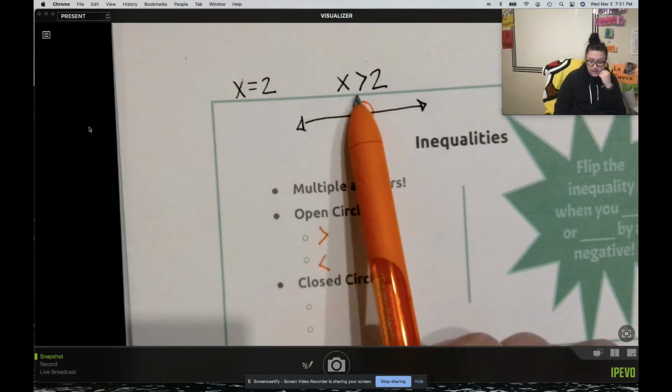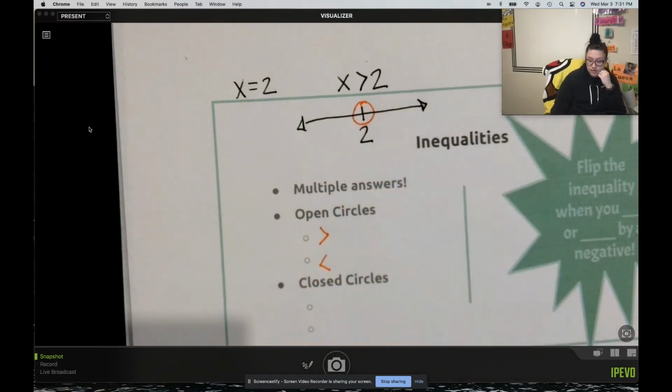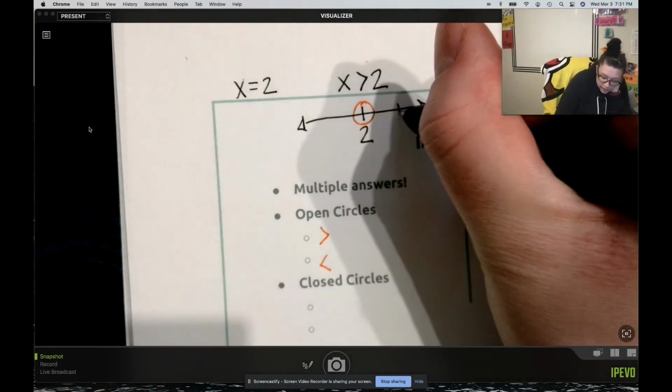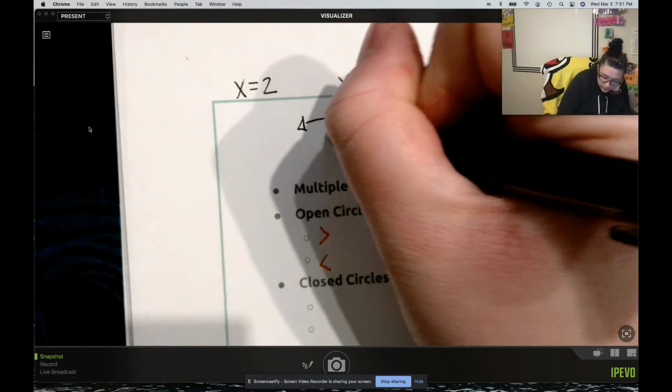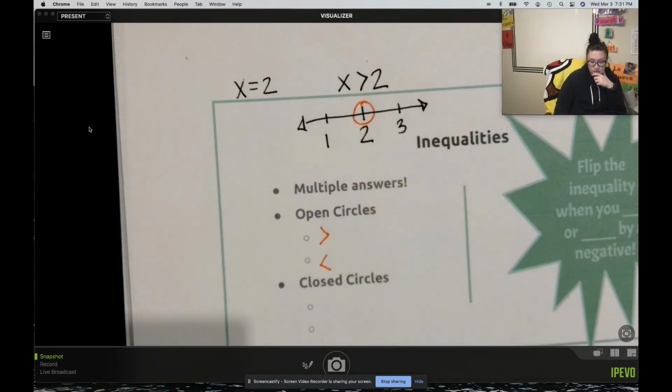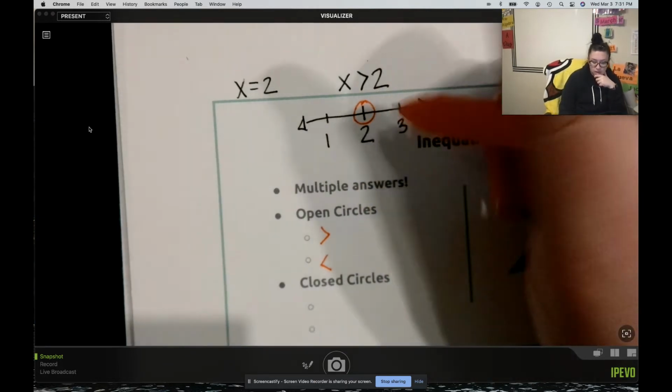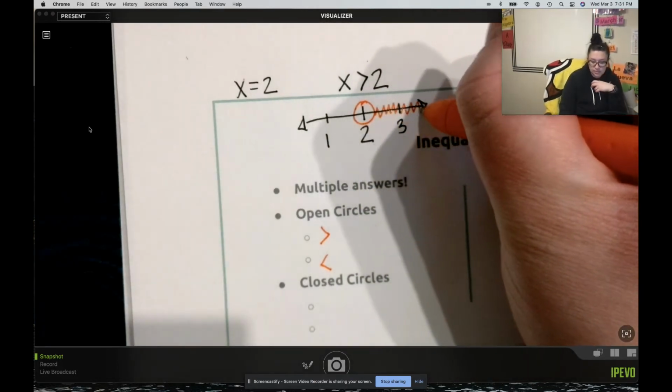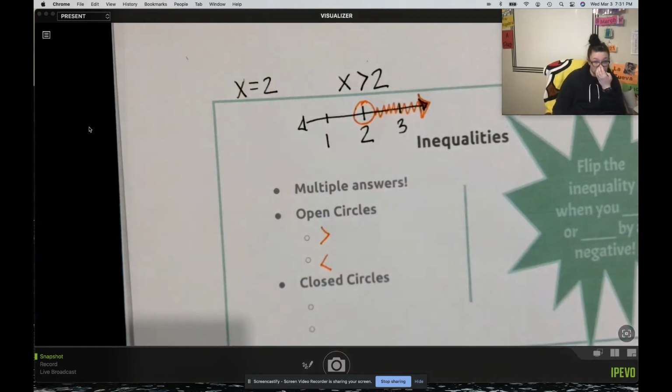So here, x needs to be bigger than 2. So if I go out just a little bit more, this would be 3, this would be 1. Which direction shows x is greater than 2? The right, because 3 is bigger than 2. So I would shade like that.